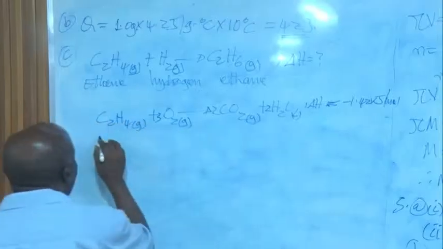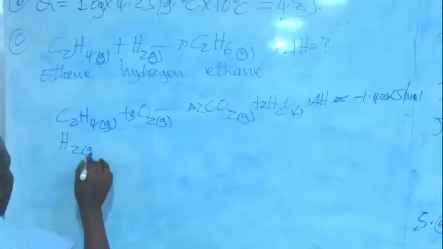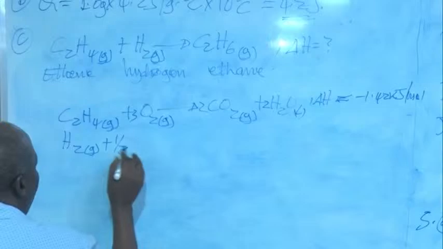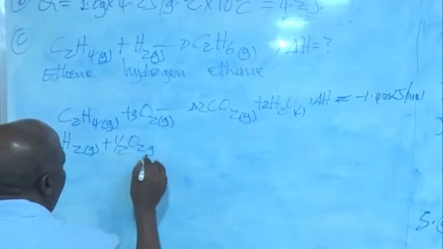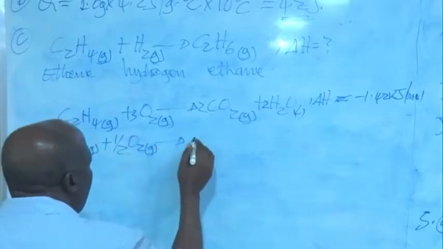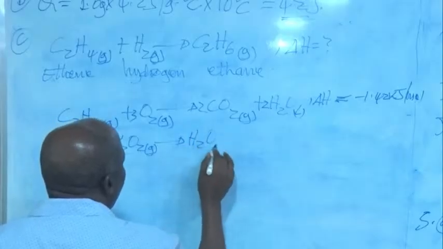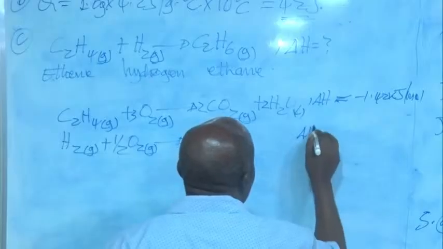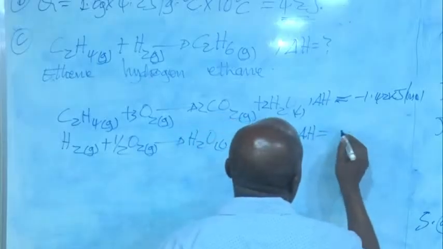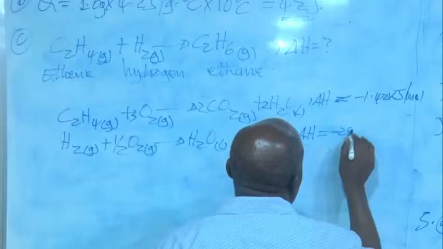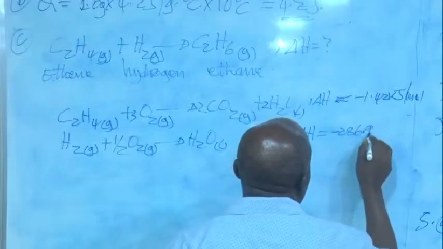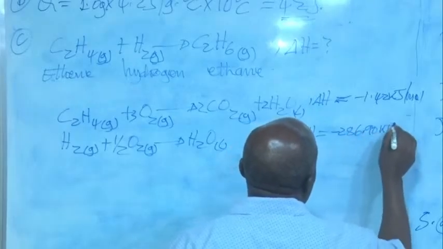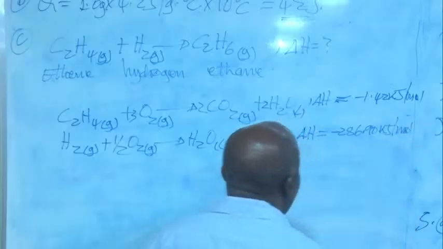Then another one is the combustion of hydrogen gas, plus a half mole of oxygen gas. Then you get 1 mole of liquid water. Then the enthalpy of combustion is equal to minus 286.90 kilojoules per mole of water formed.